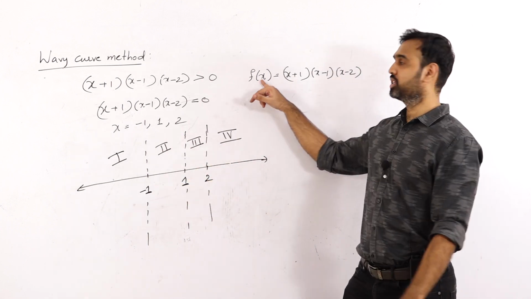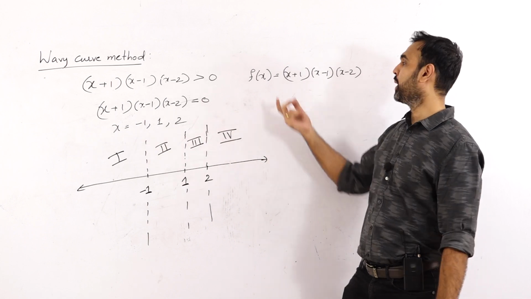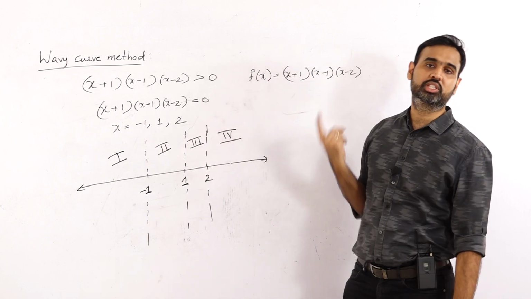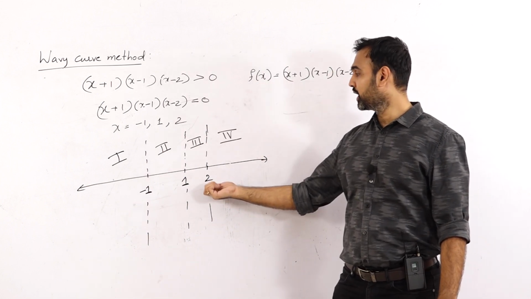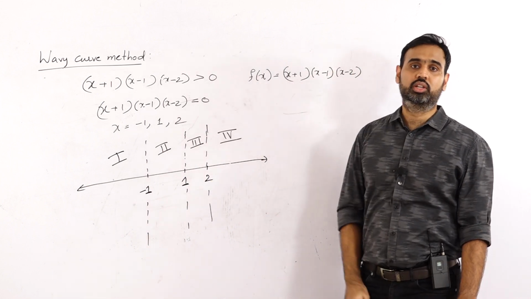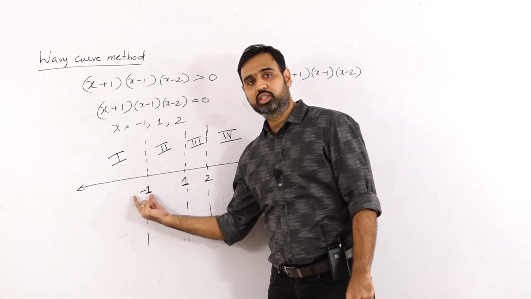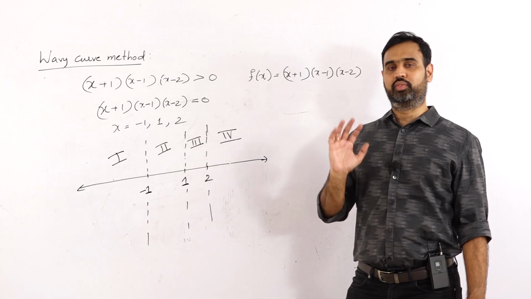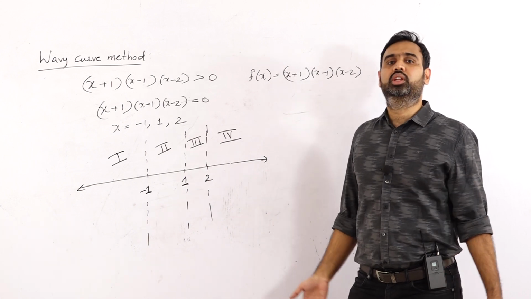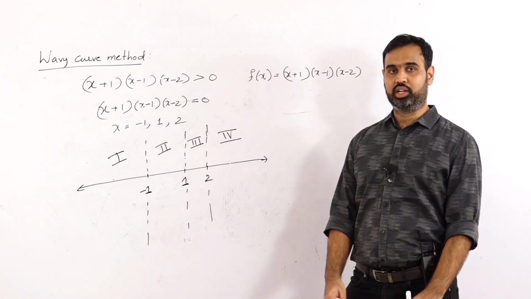You cannot consider x as minus 1, 1 or 2. What happens if x is minus 1? This is going to be 0. If x is 1, also 0. If x is 2, then also 0. So apart from these three roots, consider any other value of x, whichever is more convenient.